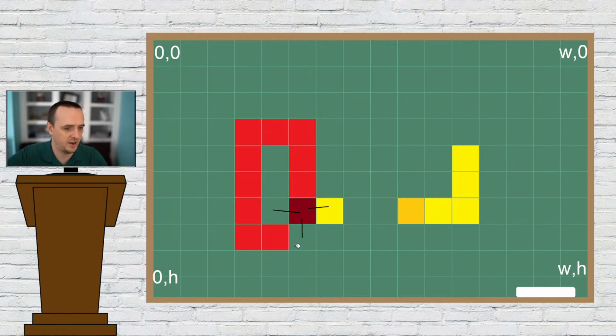A lot of the time in Tron, you often want to know this concept of how many free spaces are there in this blocked off area, right? So how many free spaces are there here? Well, there's 3. How would I compute that? Maybe I would have to do something like a breadth first search to know that.